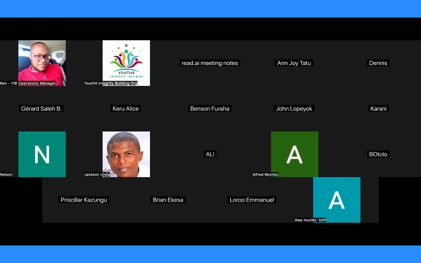And also holding the campaigns will promote access to information to the general public, which can be done, of course, in the clinics, including the local clinics, and the media platforms. You can also use the local radio station to ensure that even the citizens who don't understand English or Swahili can access the information.